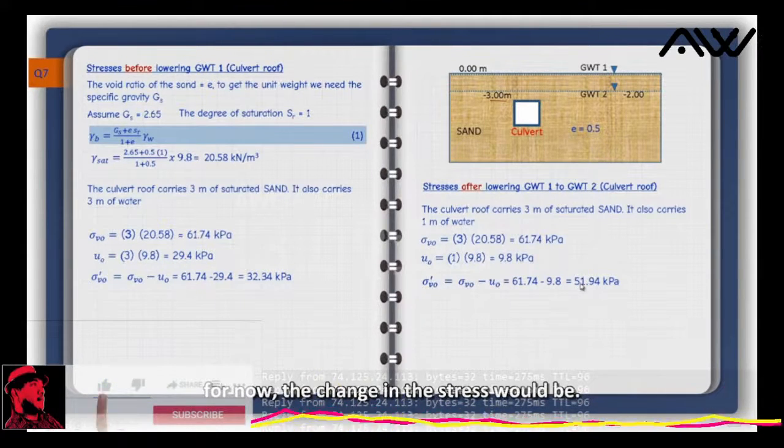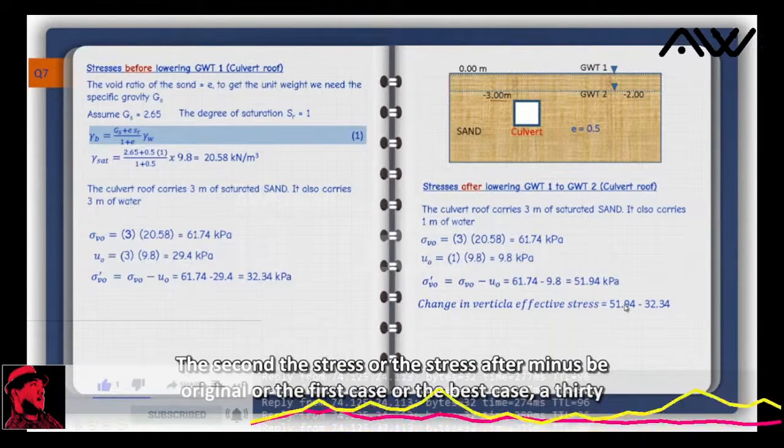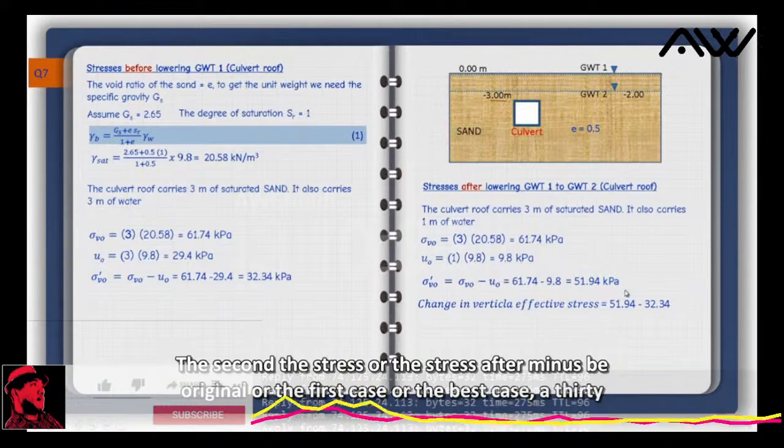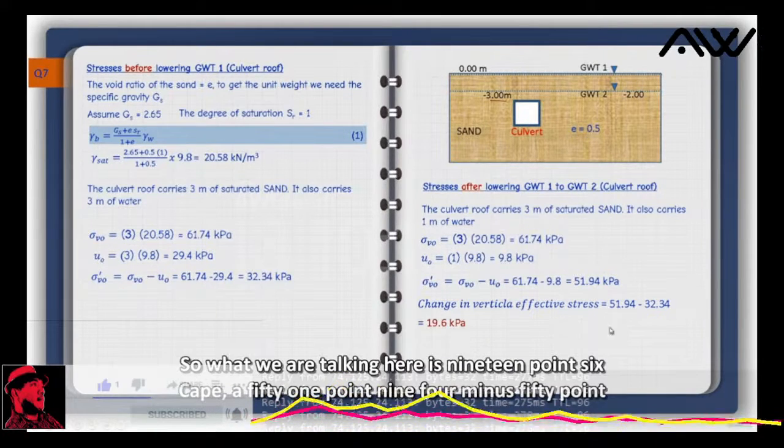Now the change in the stress would be the second stress, or the stress after, minus the original, or the base case, which is 32.34. So what we are talking about here is 19.6 kPa, 51.94 minus 32.34.